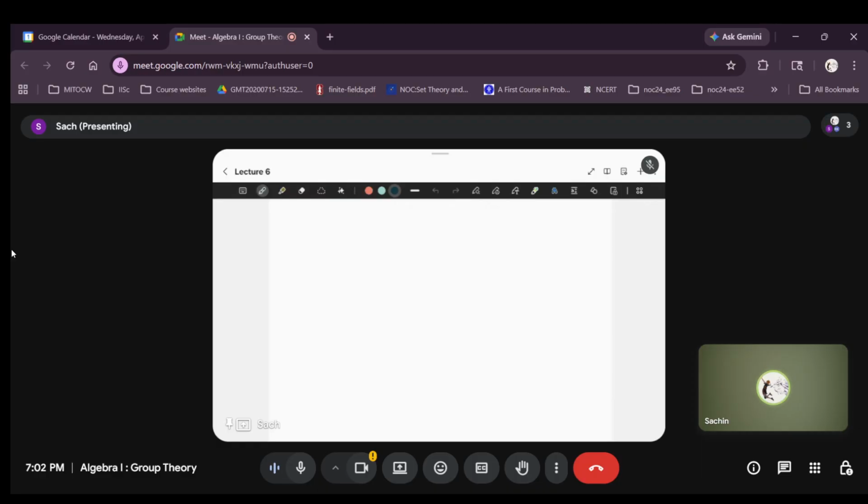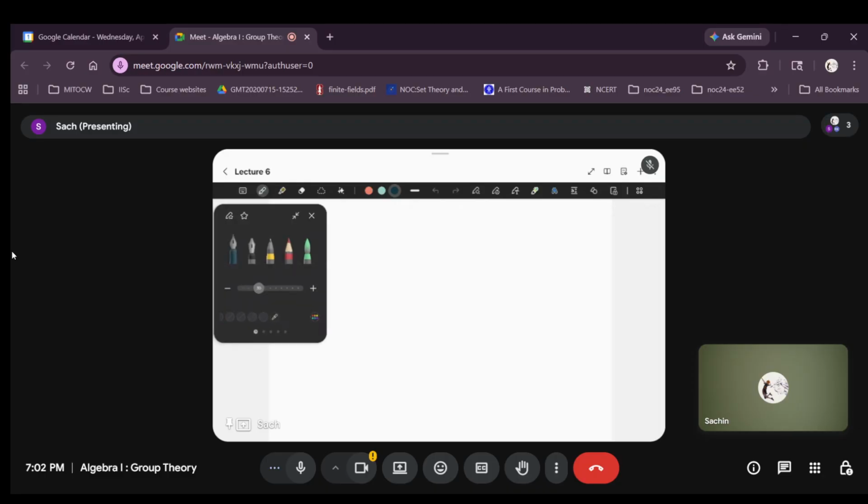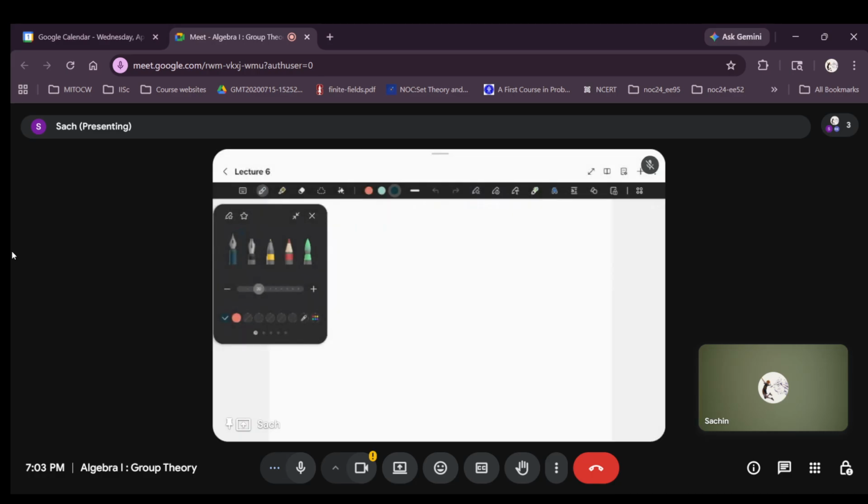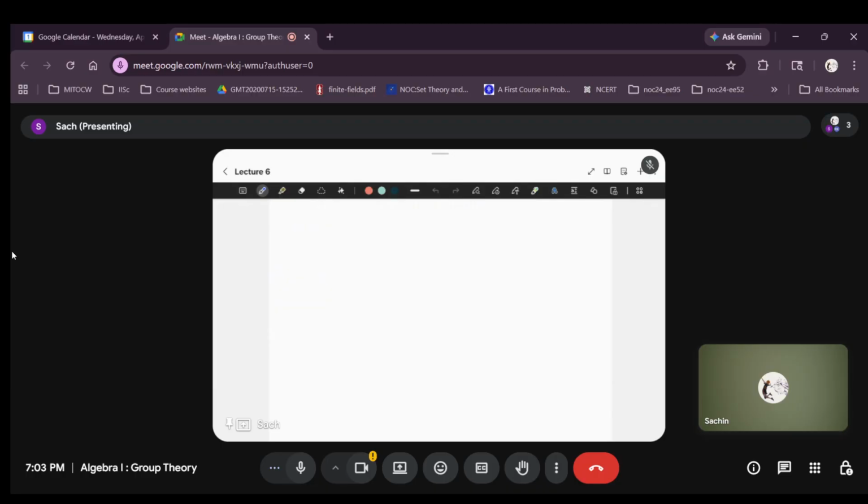We'll continue our discussion on subgroups. Last time we saw two tests to find out whether a subset of a group is a subgroup or not.